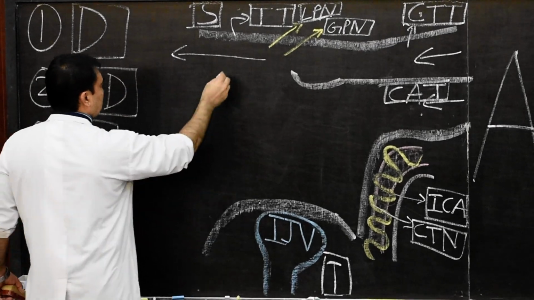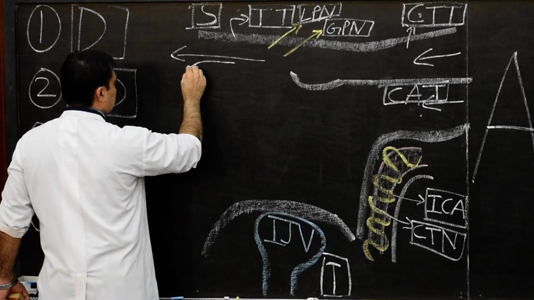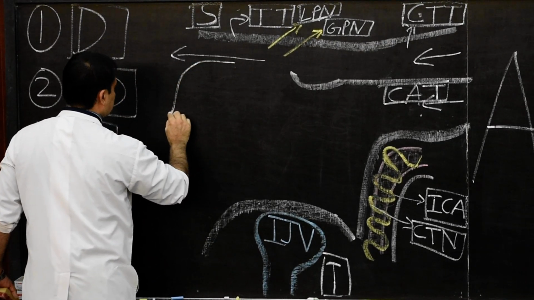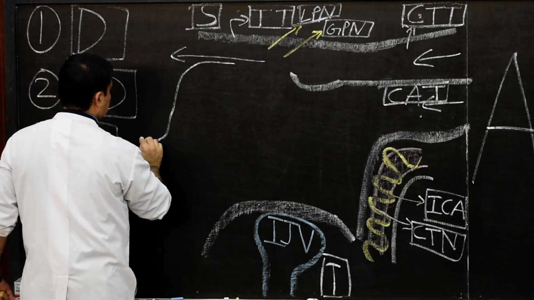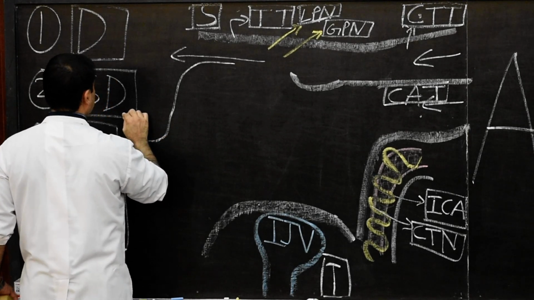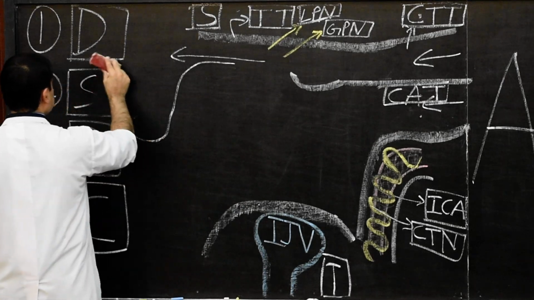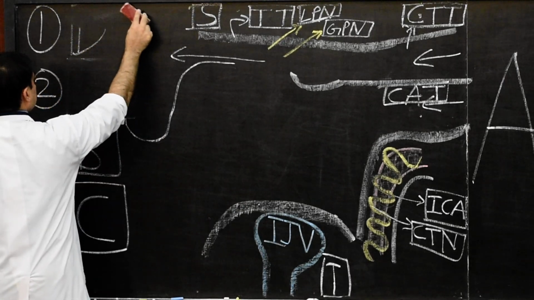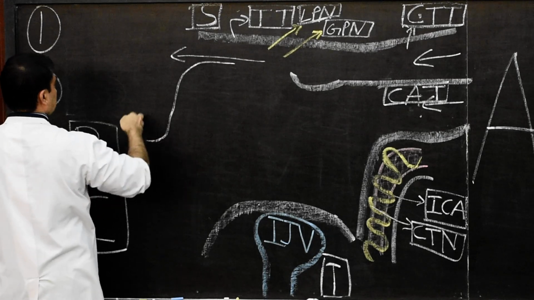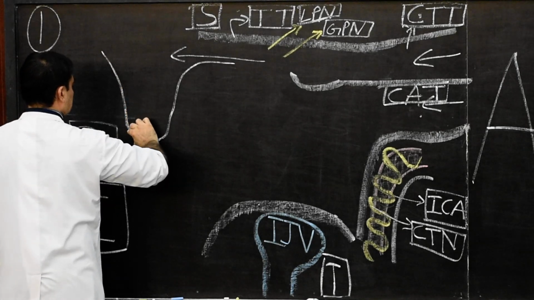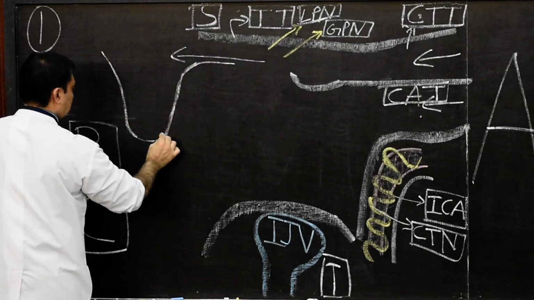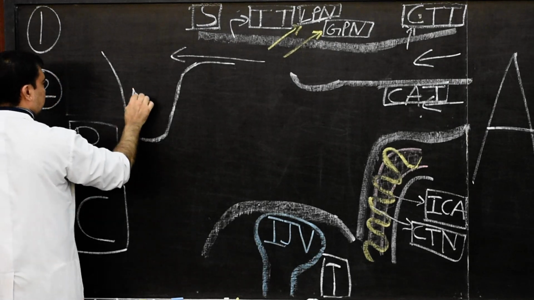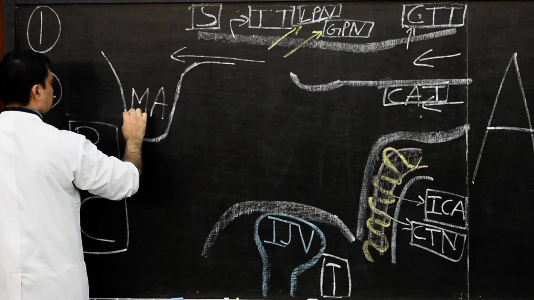So therefore, here we show this partition. Here we show this will be mastoid antrum. Let me rub this. Now I am rubbing these points so it will be easier for us. And here, this is the mastoid antrum.